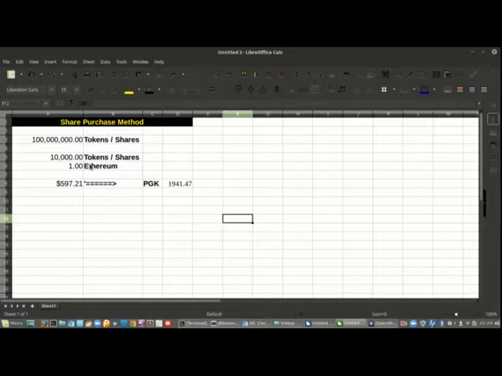Later on, I will explain the mechanism by which our Papua New Guineans can participate and purchase shares in Agri-Tech Organics. We have a system in place that will allow our Papua New Guineans to purchase tokens directly from us or shares within the company.